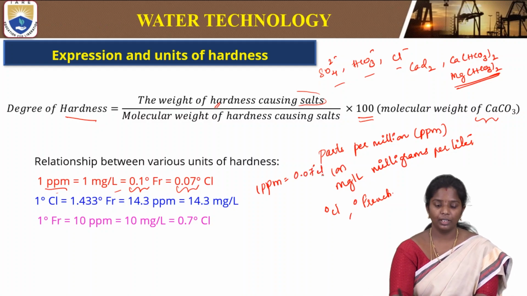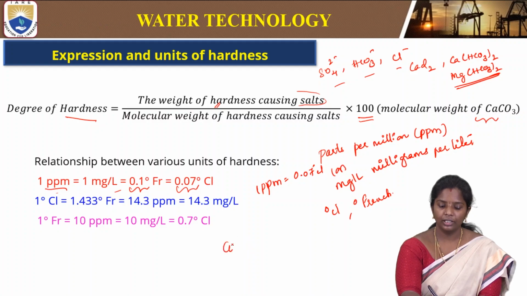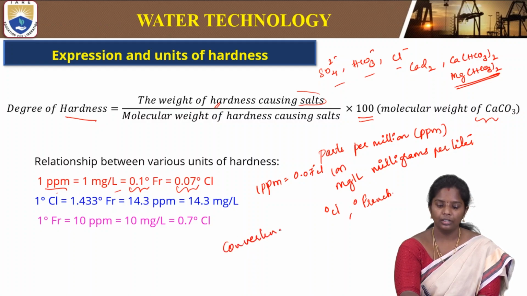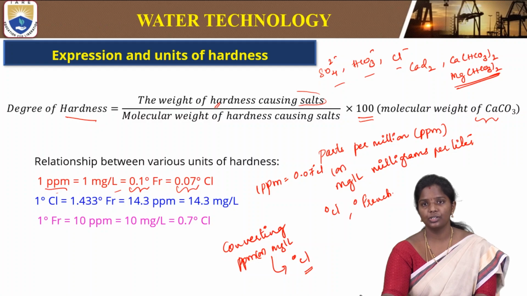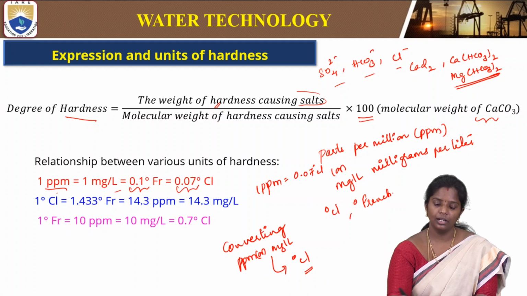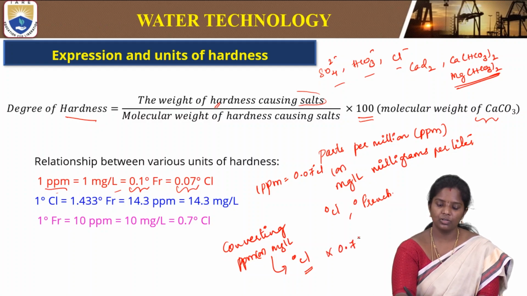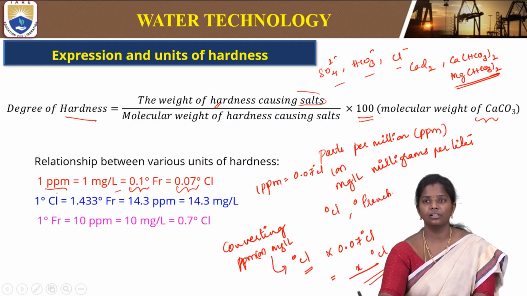In this session we will be converting ppm or mg per liter to degree Clark. Whatever hardness of water we get in ppm or mg per liter will be multiplied with 0.07 degree Clark to attain the amount in degree Clark. This is the final answer we will obtain.